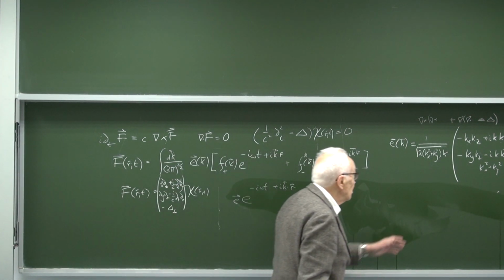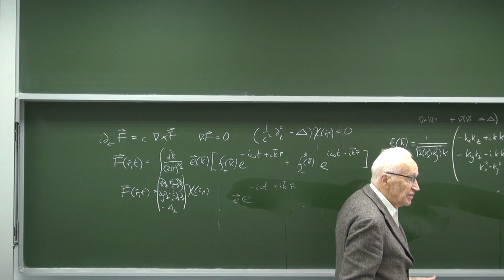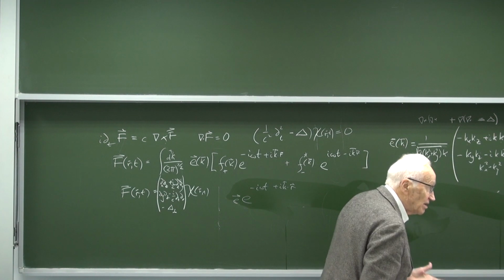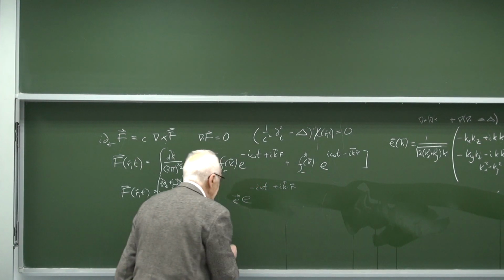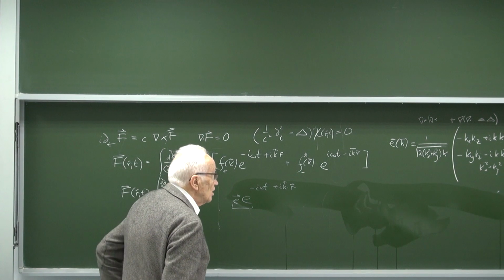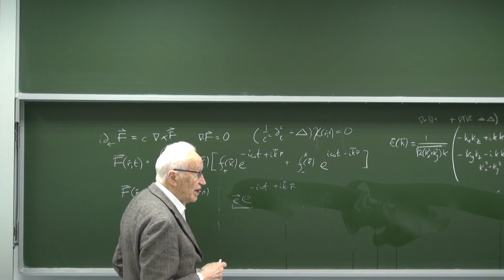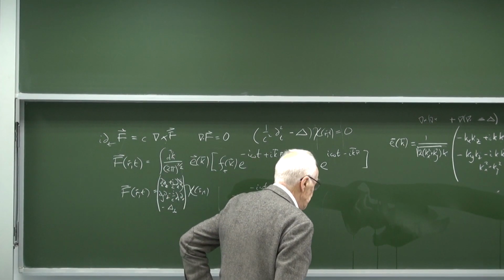This thing here for constant vector k, which is fixed now in this case, is just a number, some number, so it's not important to keep it. We can drop it, and this is our solution of the Maxwell equations.